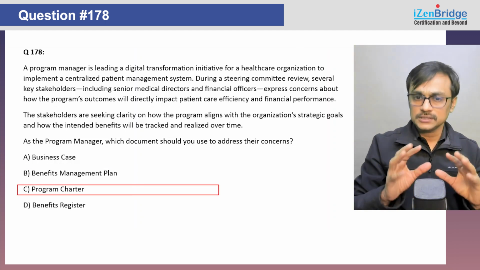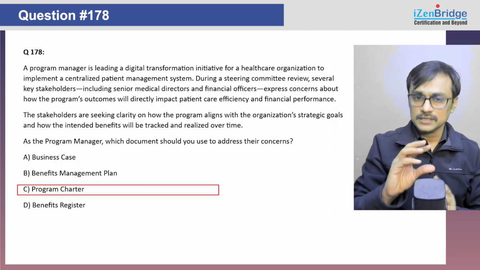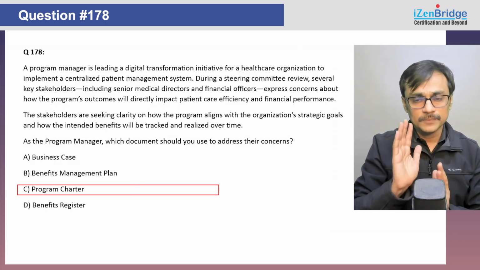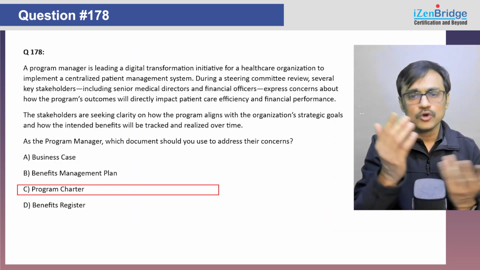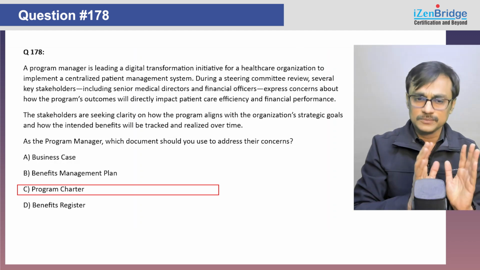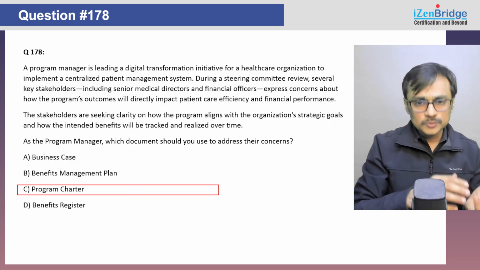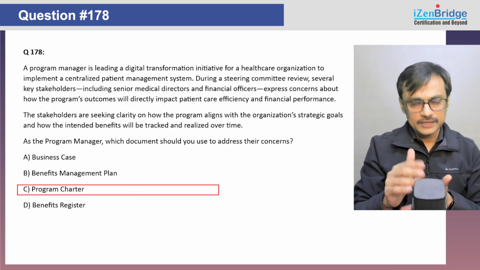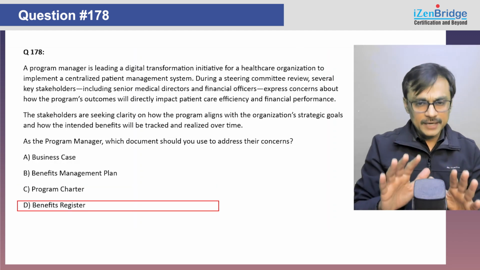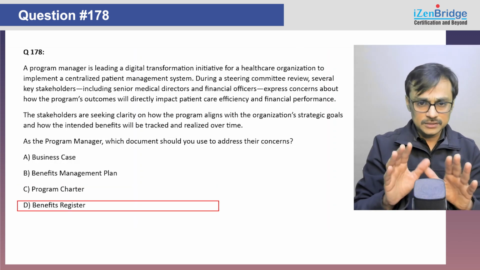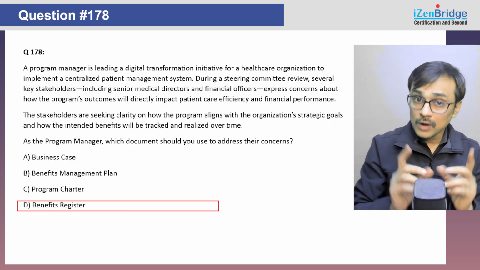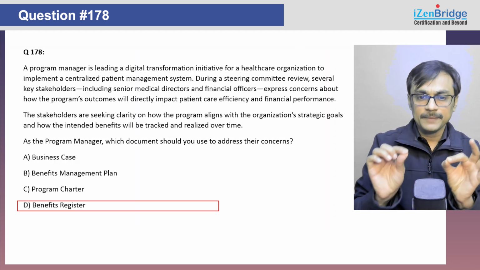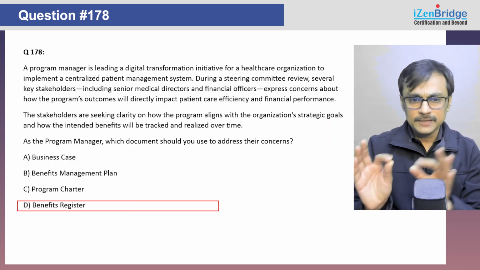The program charter contains the justification at a high level, gives us an approval for the direction, but does not cover the details. This component level mapping is not there in a program charter as well. The output and outcome will get identified as we move forward. Benefits register may have some information which are asked in the question, but it is not focusing on how the intended benefit will be tracked and realized over time.